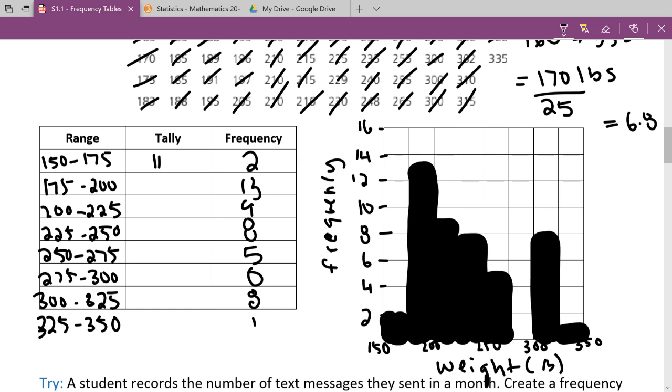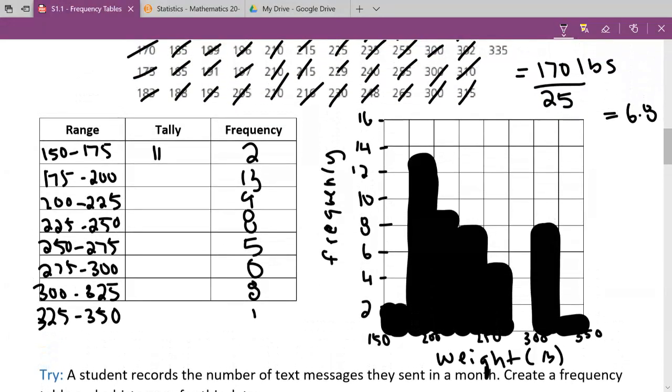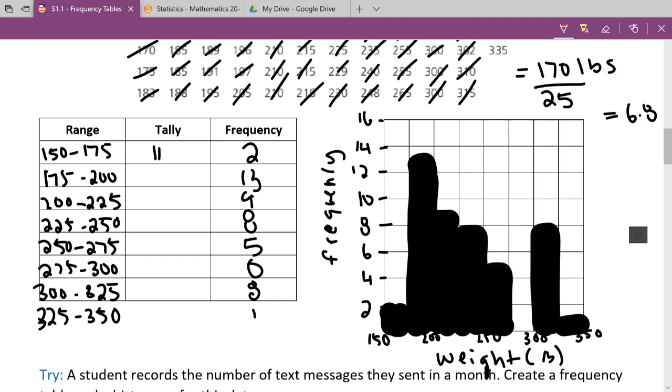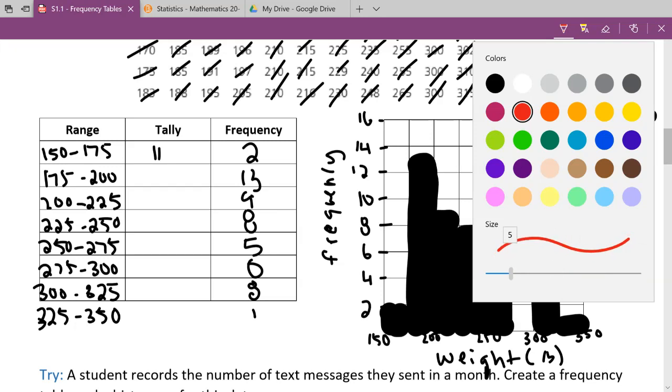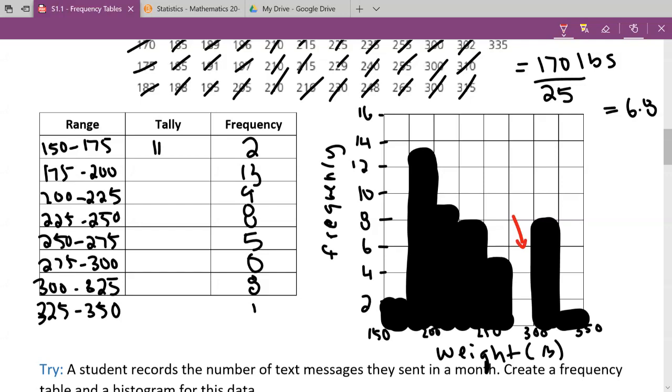So again, this is a little messy on my digital screen, but we can see a few things about this, right? Let's add some notes here. We can see that there is no weight between 275 and 350, right?